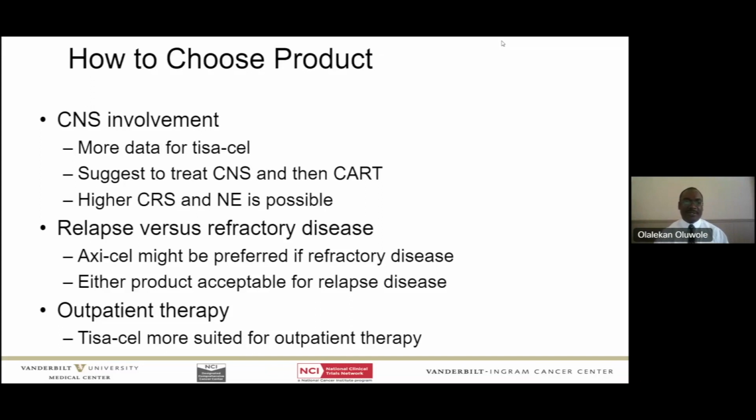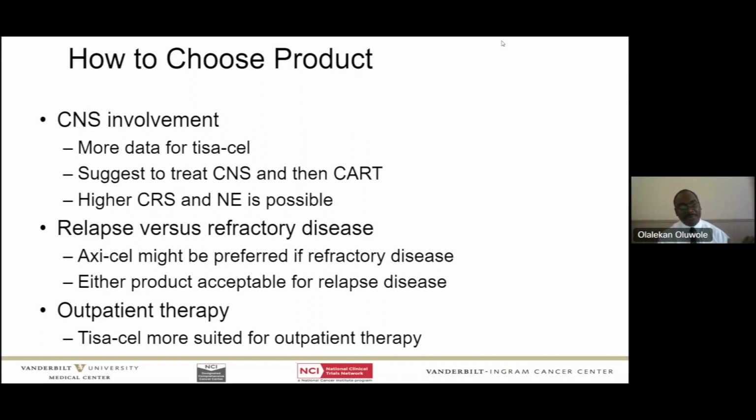Relapse versus refractory disease. During the time that tisagenlecleucel was being tested, there were some manufacturing slot issues, so it lent itself more to patients who had relapsed disease versus refractory because it took a longer time to get slots and so on. That was really not an issue with axi-cell.